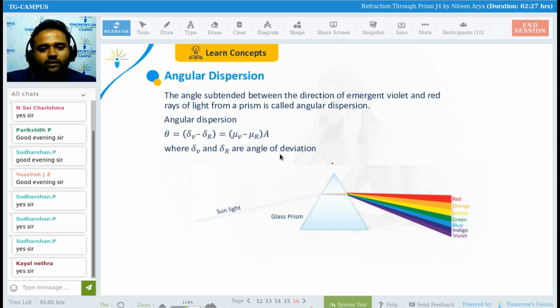So as we can see, what is the angular dispersion? Angular dispersion is nothing but the angle subtended between the direction of emergent violet and red rays of light from a prism, and it is called the angle of dispersion. Simply this angle. This angle is known as angular dispersion theta.